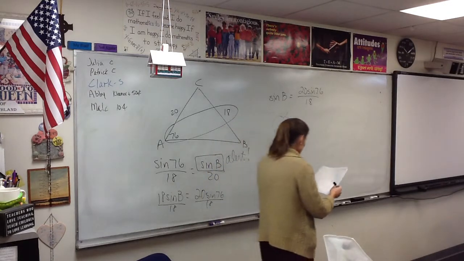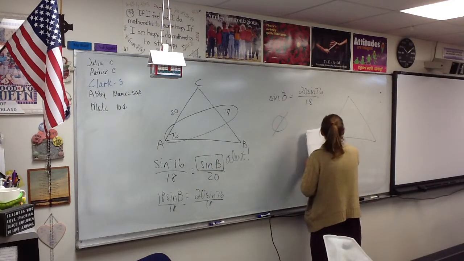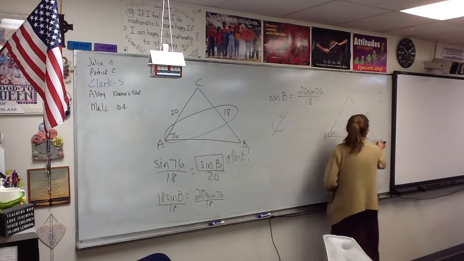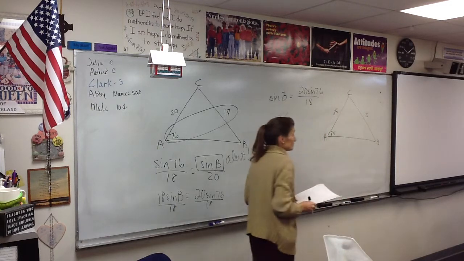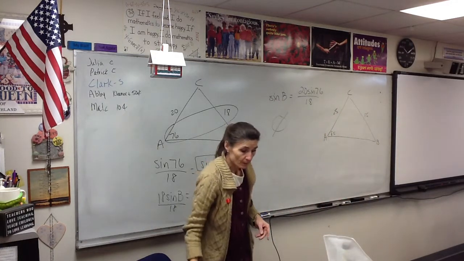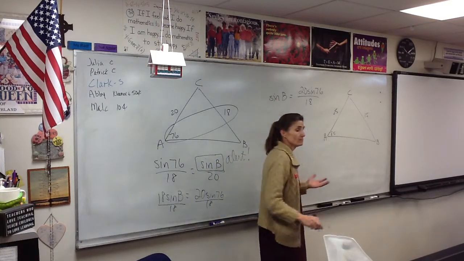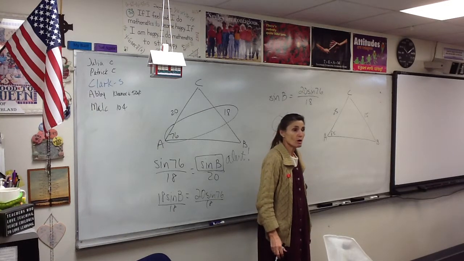So the next one says, angle A is 85, side A is 15, side B is 25. Now remember, we're going to use the law of sines.